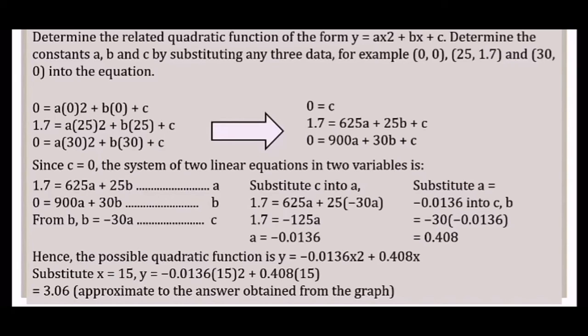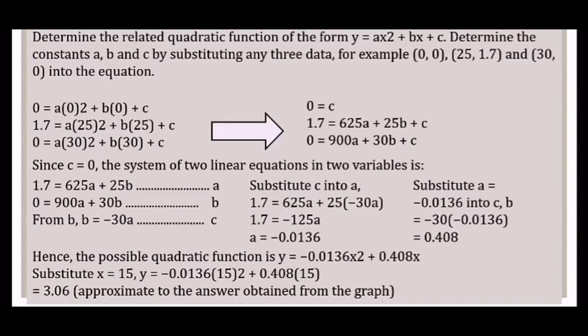The answer is a equals negative 0.0136. Then we substitute a equals negative 0.0136 into equation C. b is equal to negative 30 times negative 0.0136. The answer is 0.408.